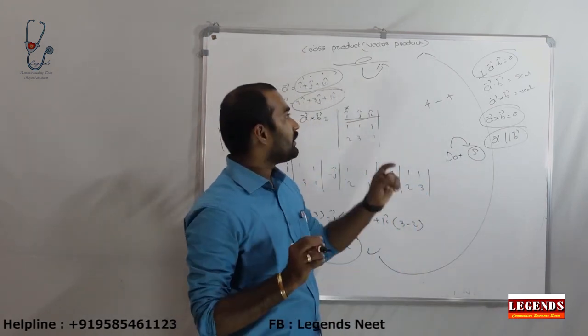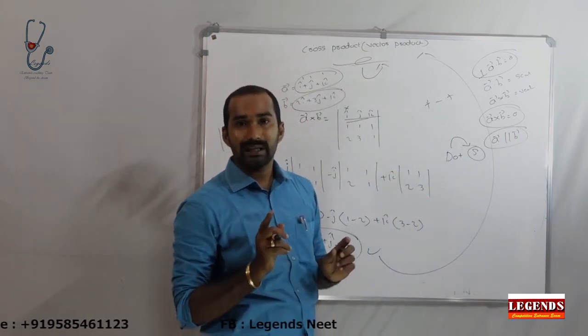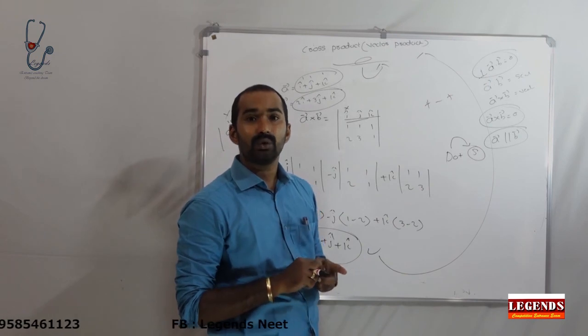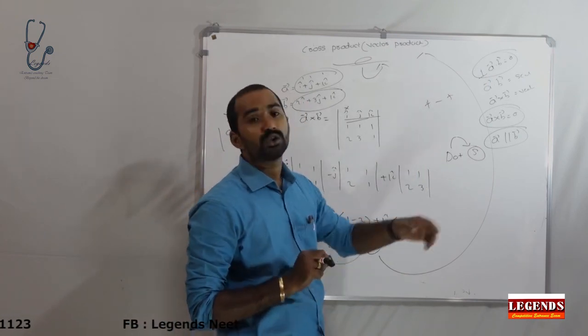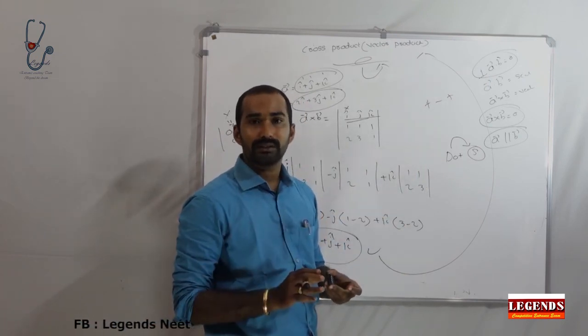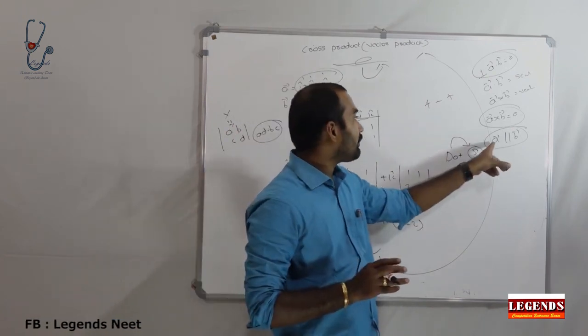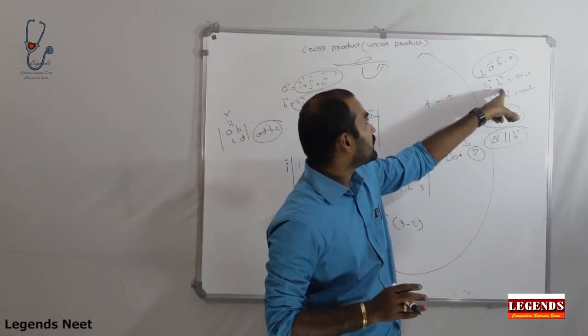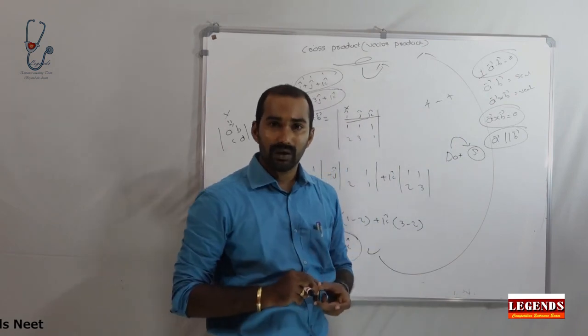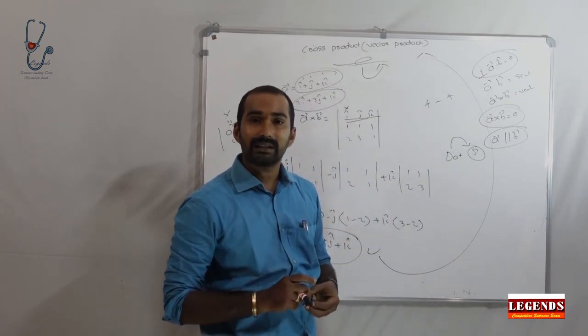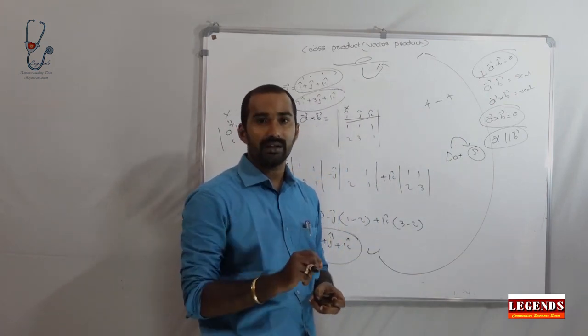That means in order to prove that two vectors are parallel, it is sufficient to prove that their cross product is zero. If the cross product is zero, they are parallel vectors. If the dot product is zero, they are known as perpendicular vectors. The perpendicular vector is otherwise known as orthogonal vector.